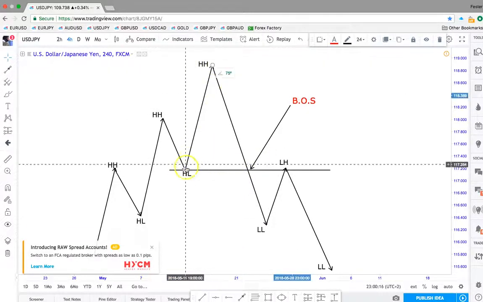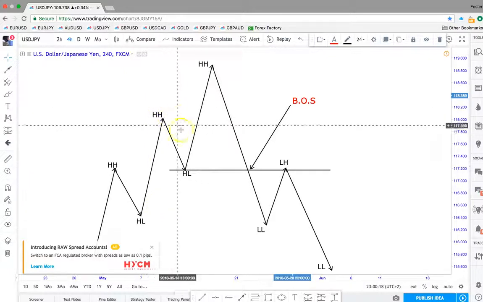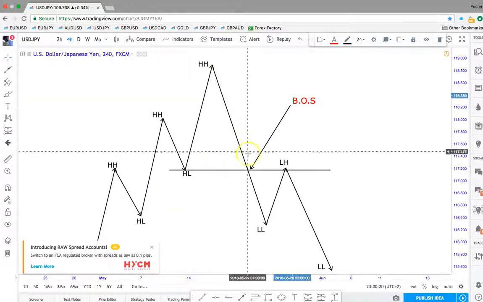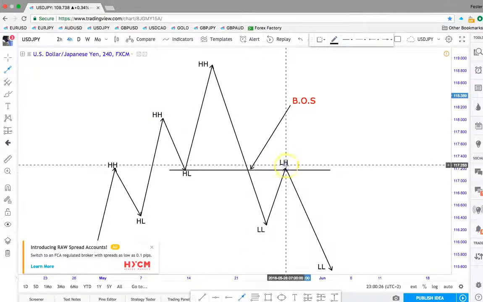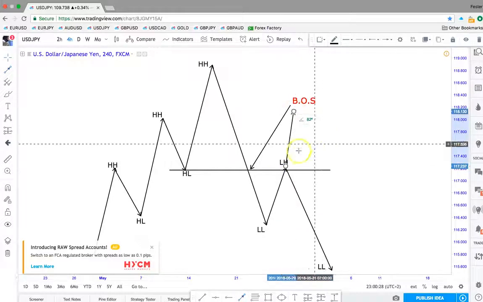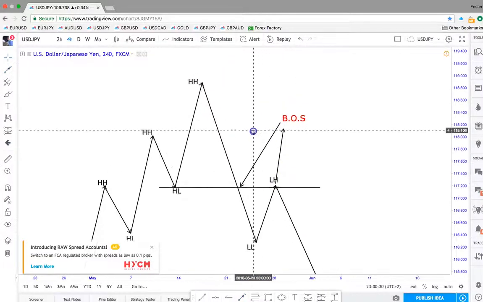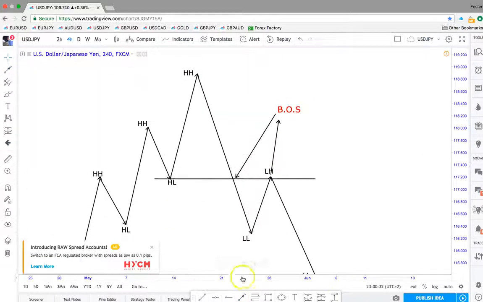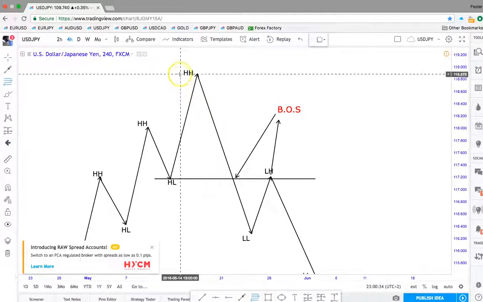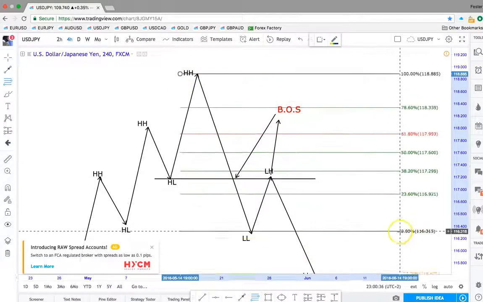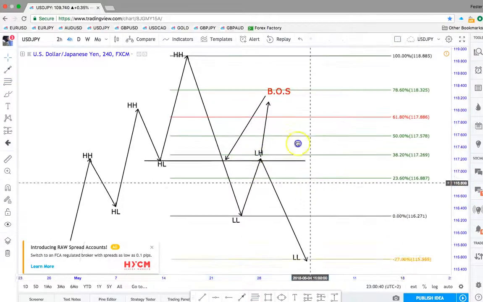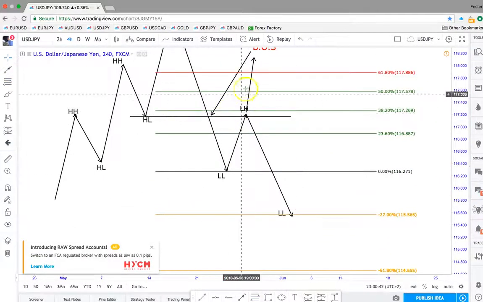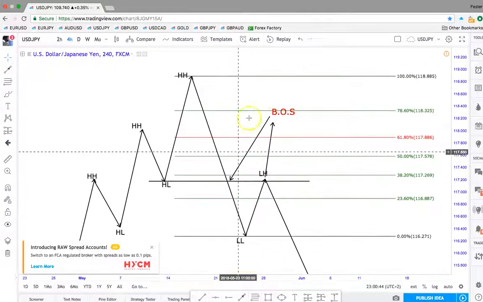When the market comes down after making consecutive higher lows, higher highs, all of a sudden forms a lower low, that's a break of structure. And then we have the confirmed break of structure when the lower high is now formed, giving us an entry point. So let's say we used our fibs over here, let's just say the A to B. It would then be a 38.2 reversal and a break of structure. So just more confidence to go short.